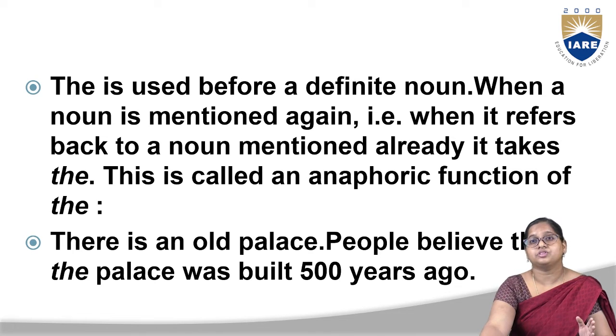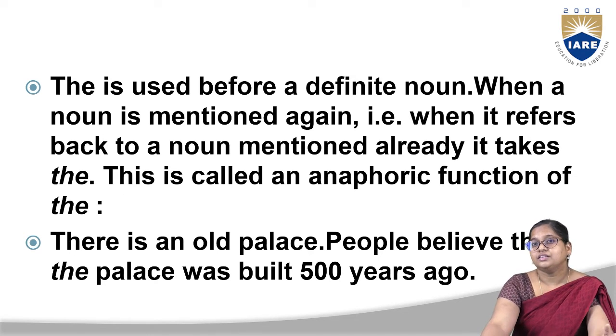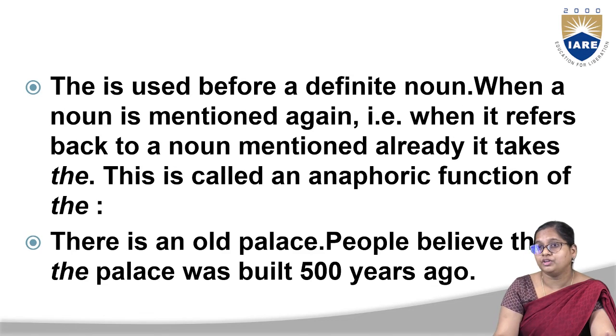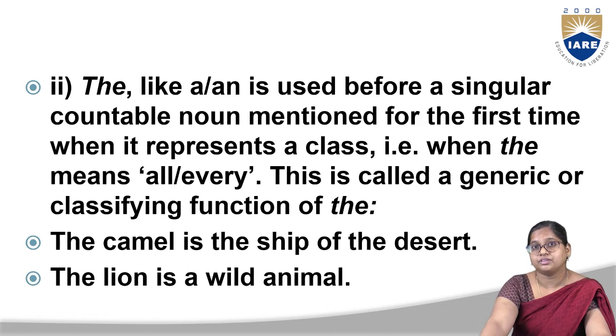You begin about something, and when you're continuing it, by now you have already set the context, thinking that this is the one you're speaking about. So when you're referring back to the one you have talked about, it is called the anaphoric function.